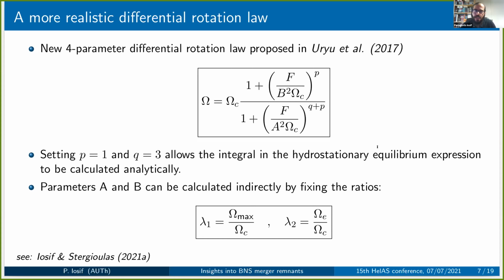So this seems to be a general feature of differential rotation, and I can elaborate further if there are questions on that. The good thing about these 2 ratios is that one can get information directly from numerical simulations, which means basically read off these 2 ratios from the corresponding rotational profiles obtained numerically.